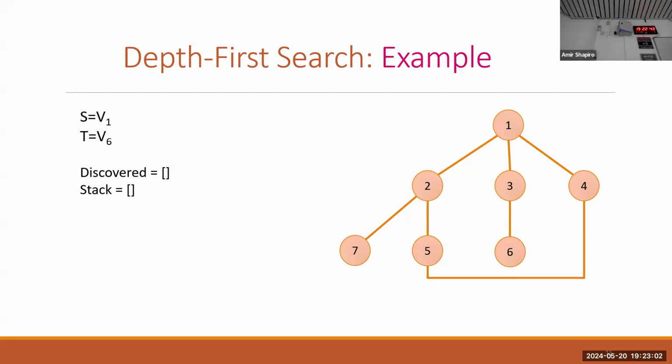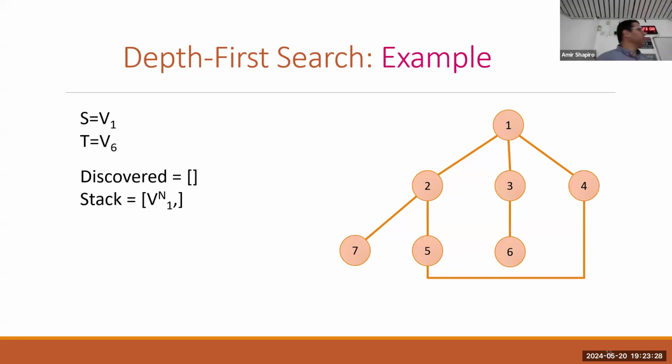So this is where we start, and this is the one where we end, and we need to find a path. The discovered list is empty. The stack at the beginning is empty. Then we start with V1, so we put it in the stack with no back pointer because it's the first one. So there is a null pointer here.